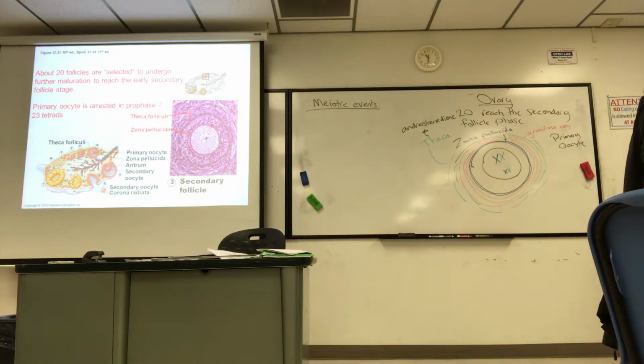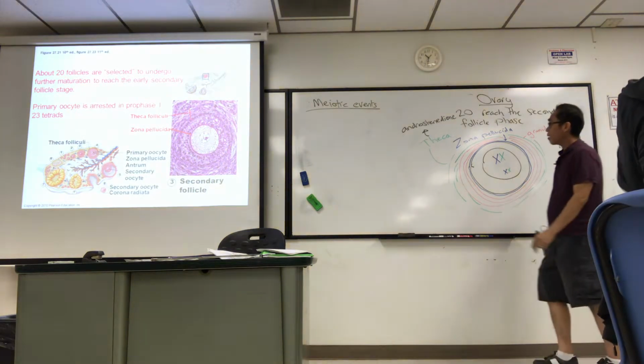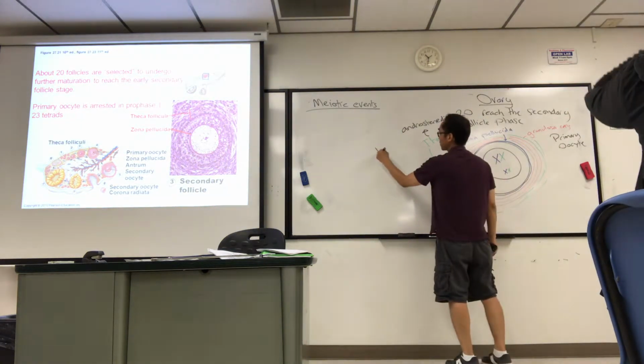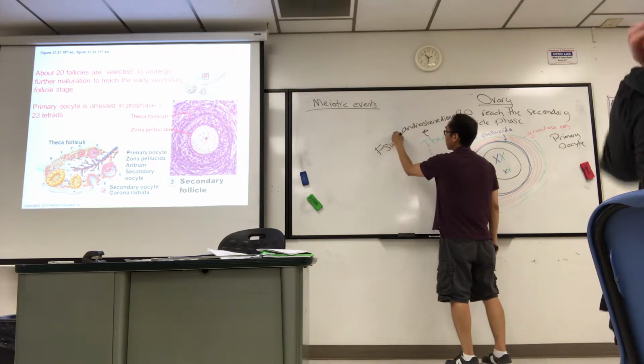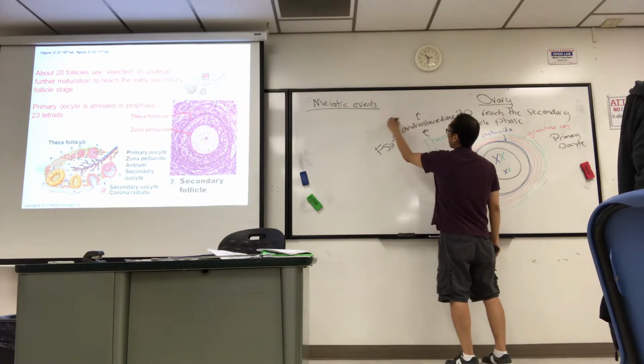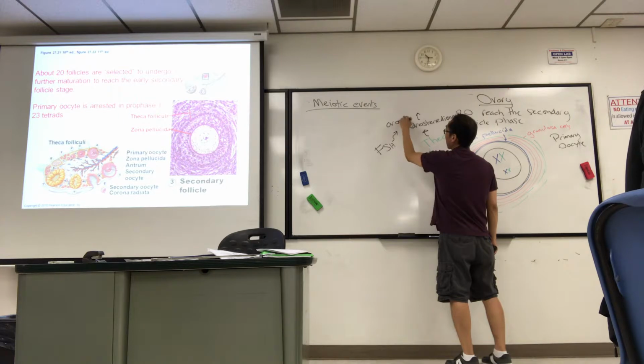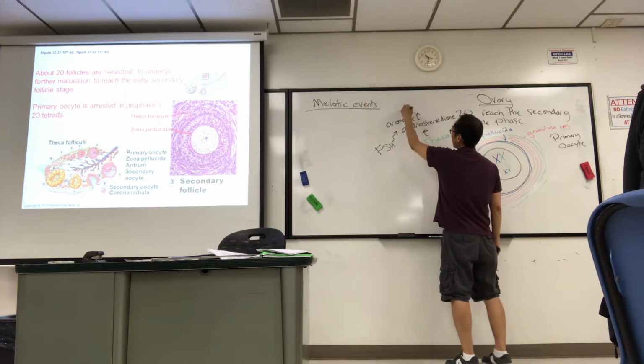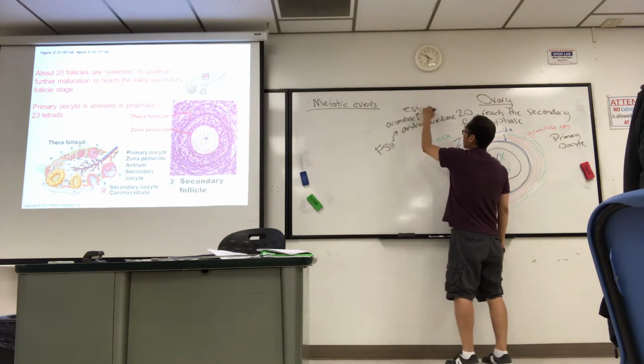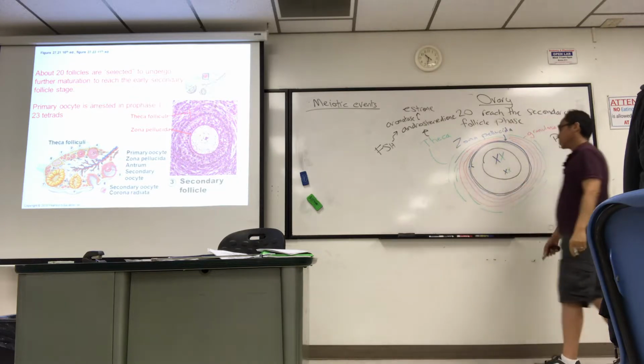And that is transferred to the granulosa cells where aromatase converts it to estrone. This is all under the influence of FSH. Aromatase converts androstenedione to estrone. So I'll write that as a review. You should still know that.